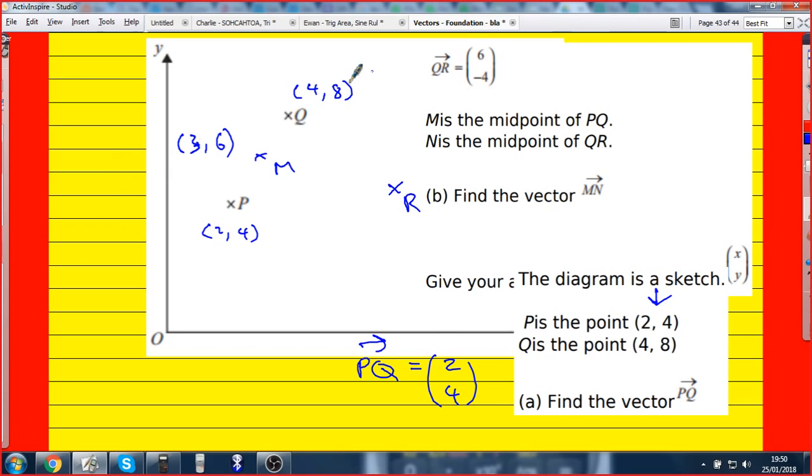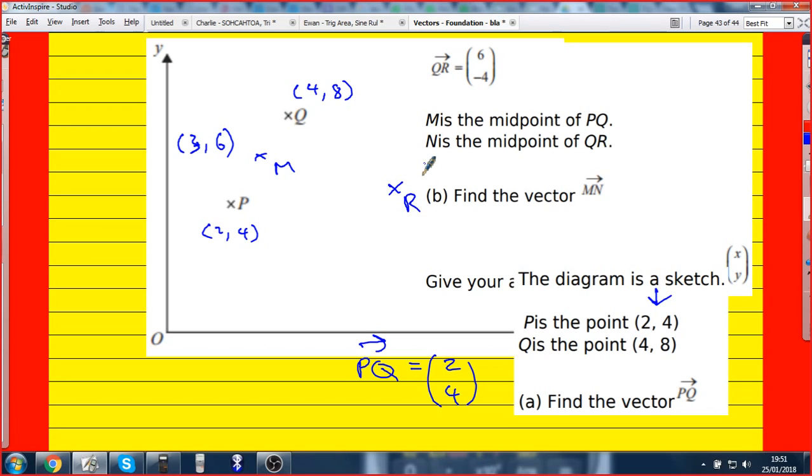The number on top is the one across, and the number down is 4. You're not finding the midpoint.